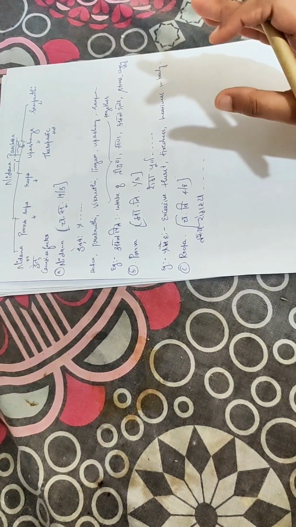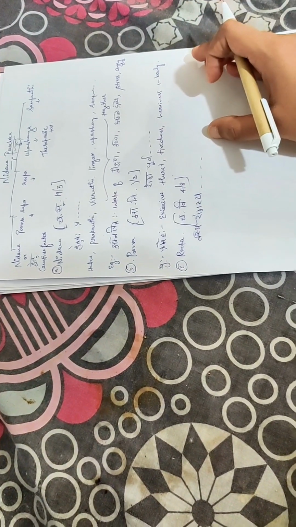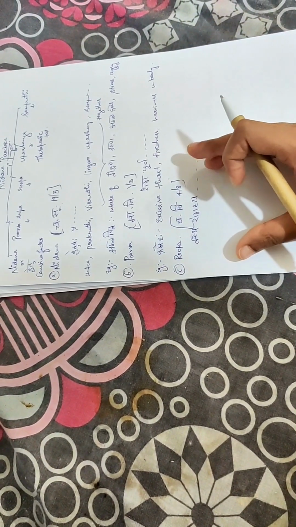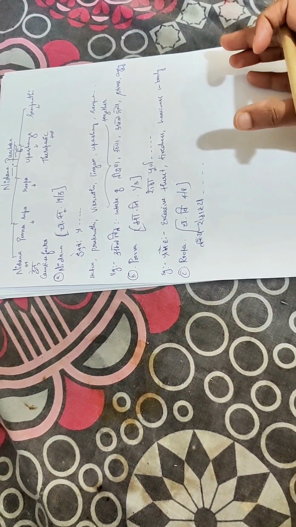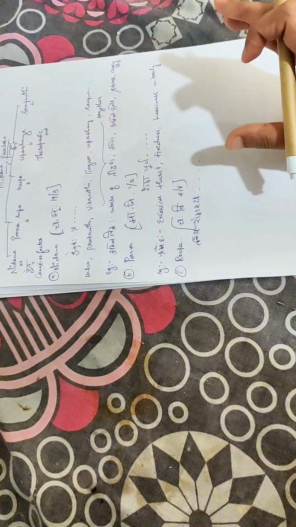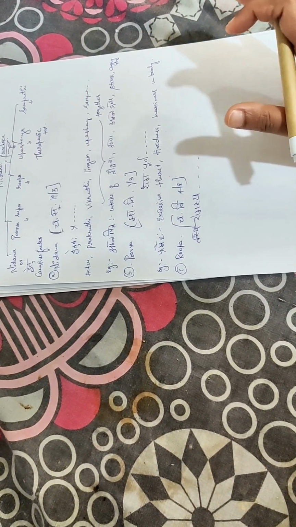Once the roga has occurred, the lakshanas or symptoms which are seen are nothing but the Rupavastha. This is how Charaka Vimana explains Rupa.